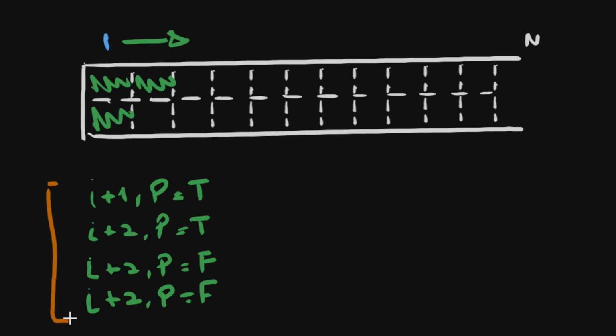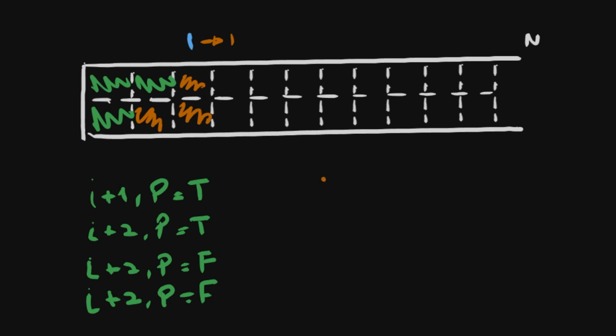Now let's see how we can fill a column when the previous column is not full. Let's say this is our current state. I is here and the previous column is not full. So what can we do here? Well, we could use a tromino here and update I 1 step. So here the previous column will be full.